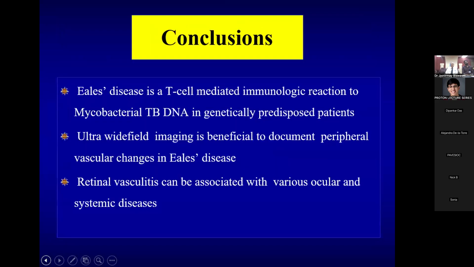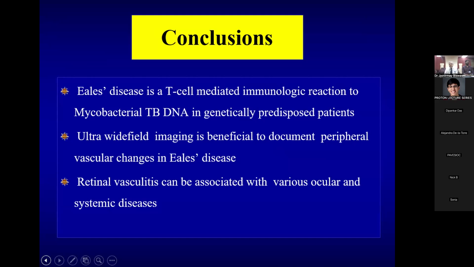In conclusion, Eales disease is a very common retinal vasculitis in our country and mostly the predominant retinal vasculitis. And we concluded by our study that it is a T-cell mediated immunologic response to mycobacterial TB DNA in a genetically predisposed patient. Ultra-wide field imaging is beneficial and required to document the vascular changes in Eales disease, particularly the neovascularization.